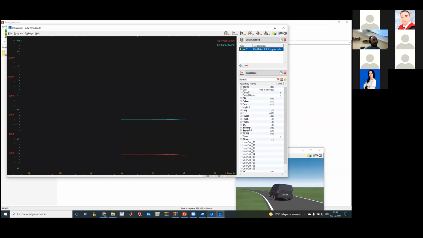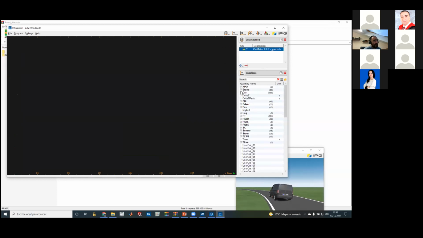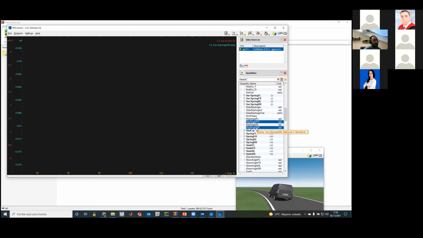So here, for example, let's go for the lateral acceleration, and for example, let's go for the slip angle in the front right and in the rear right, and let's go for the simulation again.